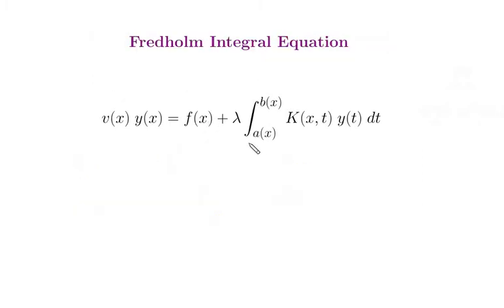Next, the two most important integral equations are the Fredholm integral equation and the Volterra integral equation. We'll come to it. The integral equation is called a Fredholm integral equation if the limits, a(x) and b(x), are both constants.